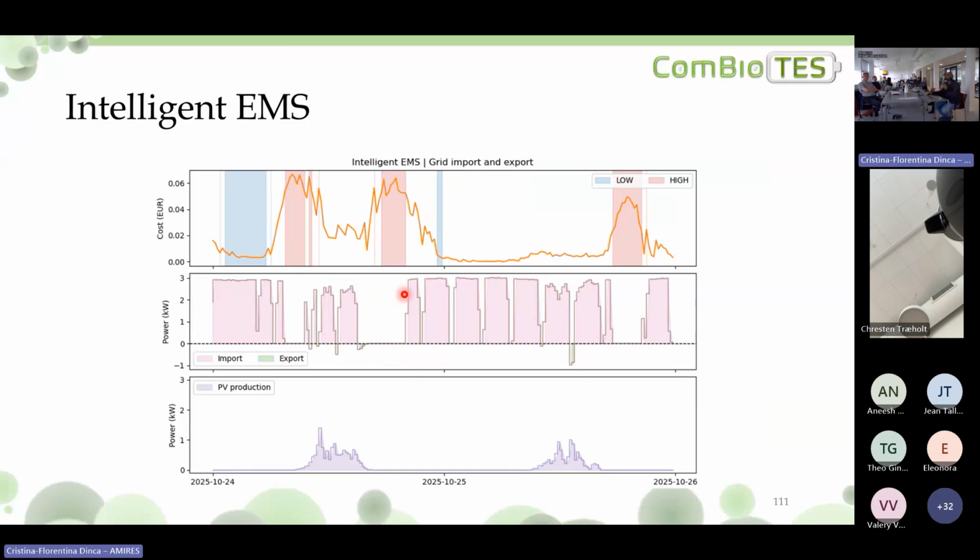This shows the same schedule, but for the grid import and export. Basically, we try to avoid importing electricity from the grid when the prices are high, and when the prices are low or when the cost is low, we try to import fully, that is, fully charge. Yes, and we also try to maximize the utilization of local PV so that when there is PV production, we minimize export to the grid.